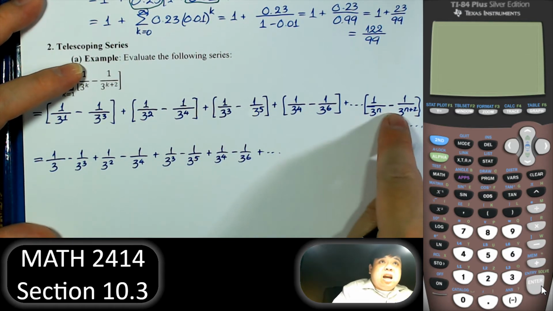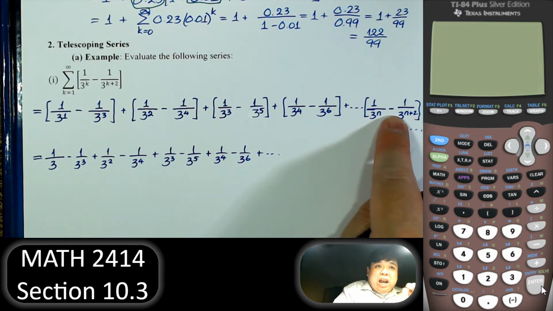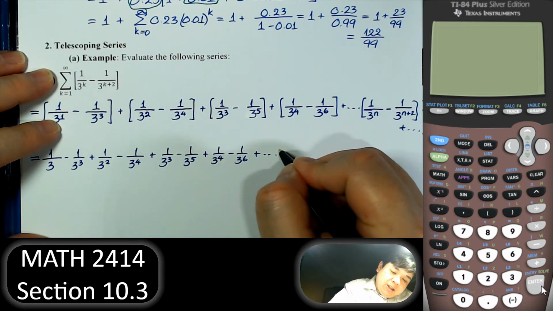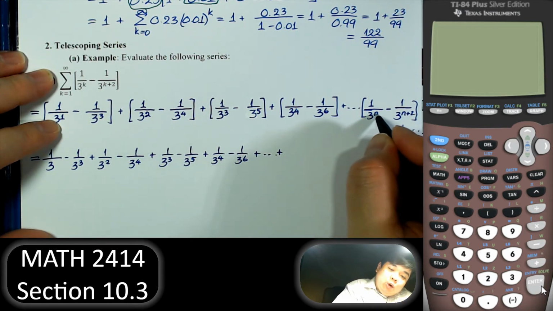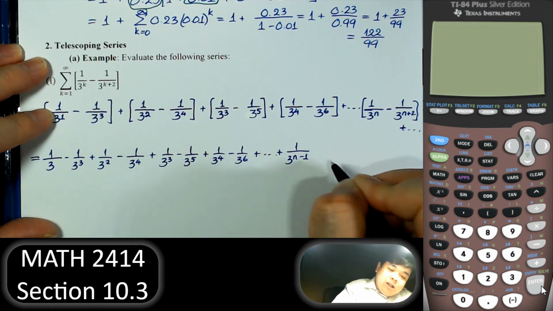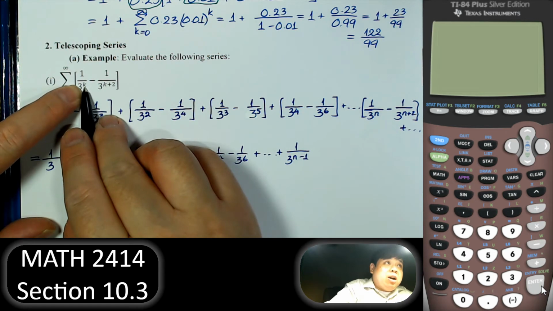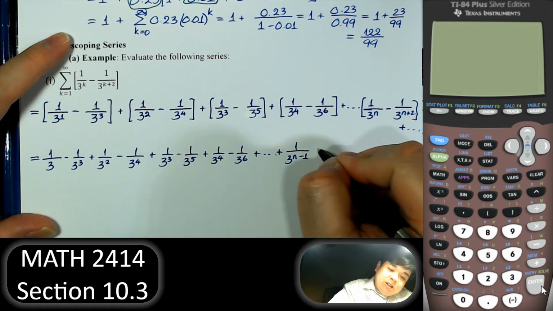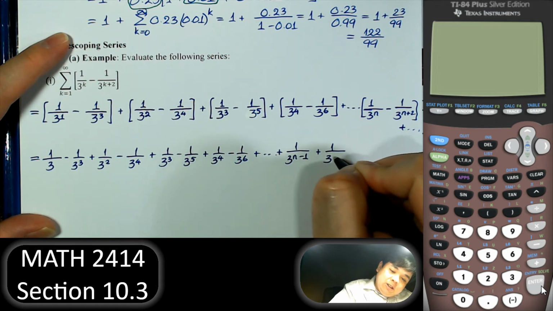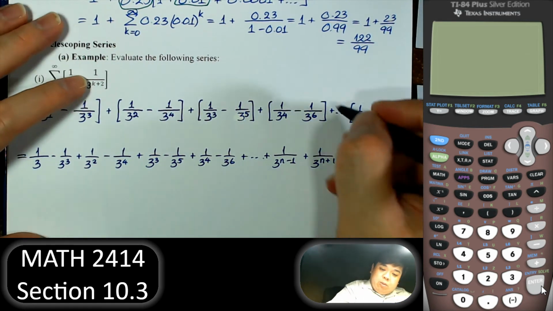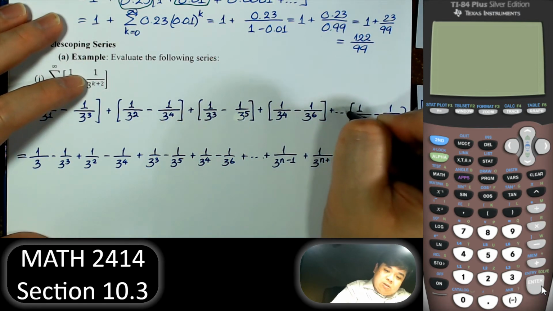In fact, instead of putting n here, I put n minus 1 in there as well. So if we put n minus 1, we have 1 over 3 to the n minus 1. Put n minus 1 here, n minus 1 here gives us n plus 1. And then that term.